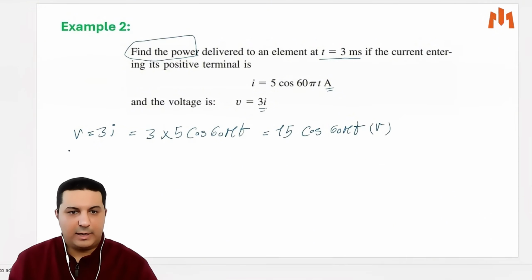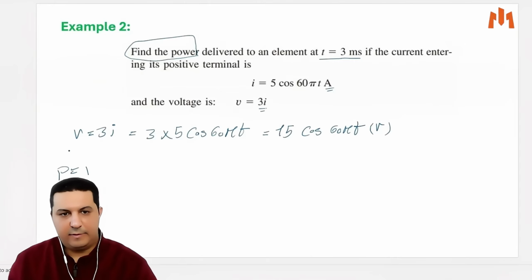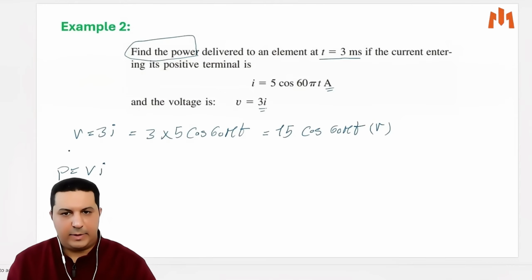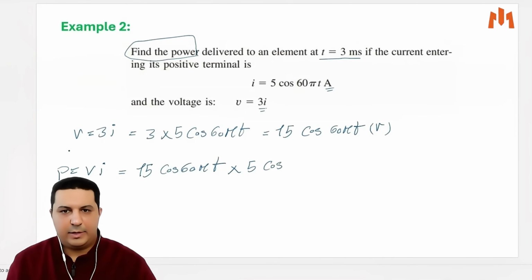By the way, we know that the power is vi. So when you put this in, it means 15 cosine 60 pi t multiplied by i, which is 5 cosine 60 pi t.